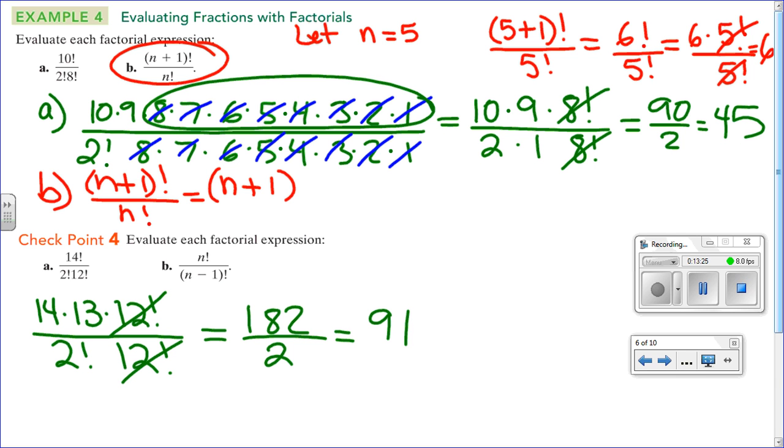Now, if I subtract 1 from it, what is my next term? Just n. And if I want to say n factorial, that will be like all the way from n all the way to 1, right? However, I can just use n factorial to save me trouble. And then what do I have on the bottom? N factorial. Cancels, so the answer is n plus 1. Or 6. Well, n was 5.